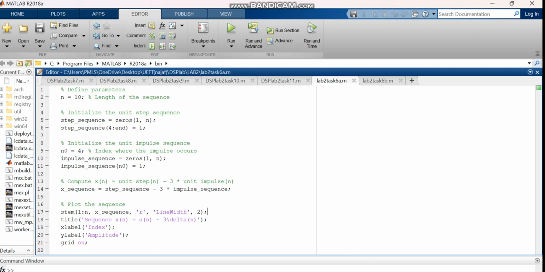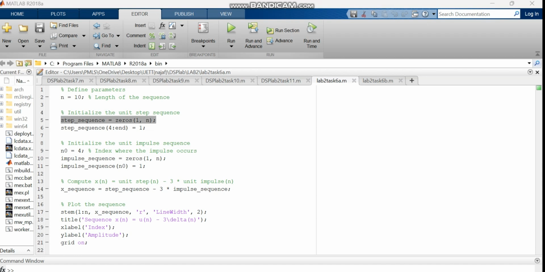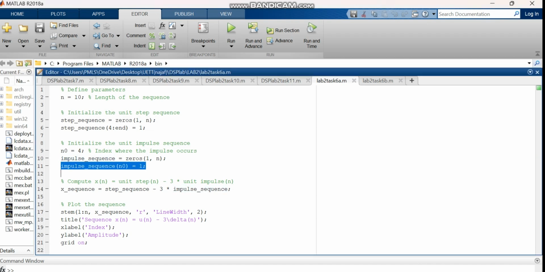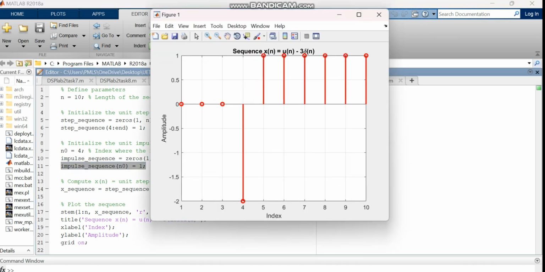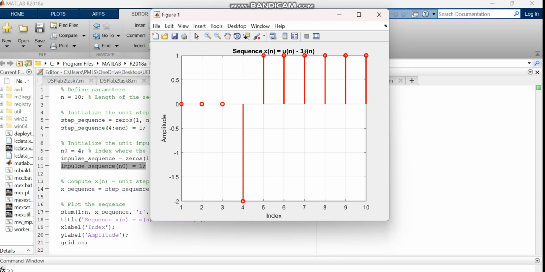The step sequence was the function that we made in task number 5, and impulse sequence is the function that we made in task number 4. So if we plot this, we get the following graph. Here for the sequence of the function x of n, we have a unit impulse function which is subtracted from 3 times of unit impulse function.